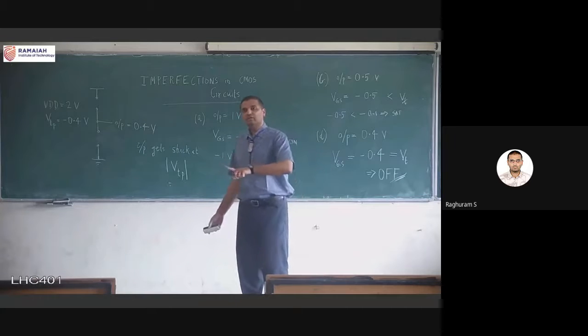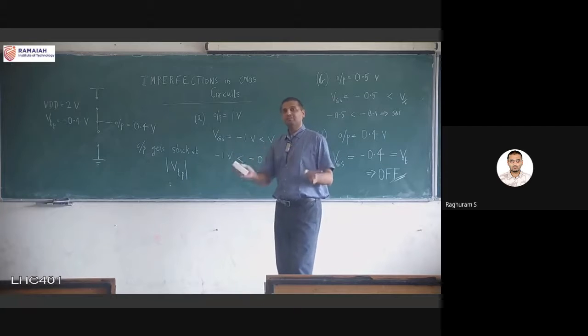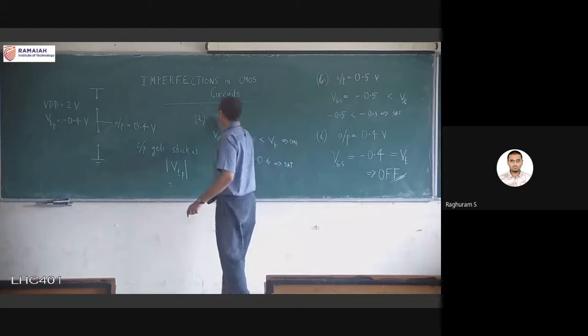Now, just to make ourselves sure, if the PMOS transistor is in the top part, we will make sure that there is no problem. So we will quickly redo the analysis.